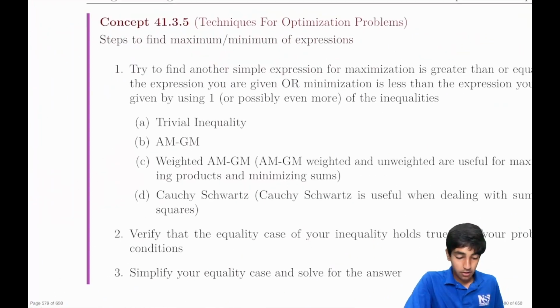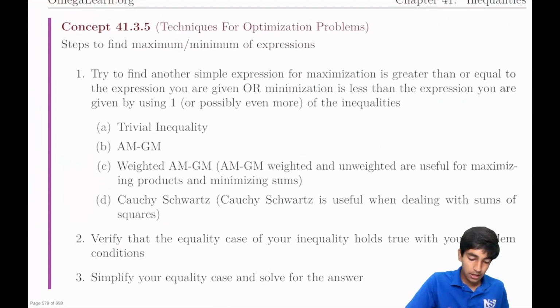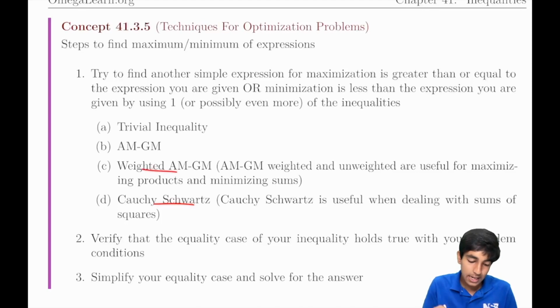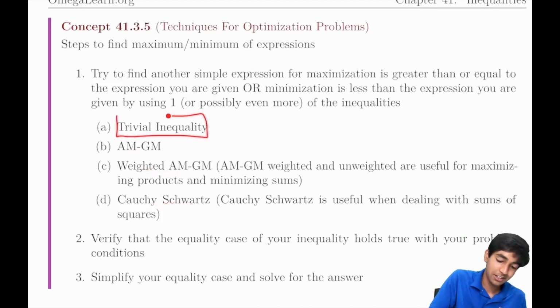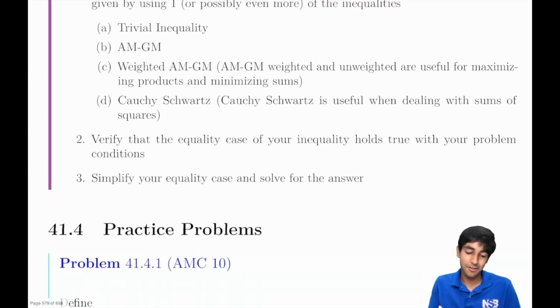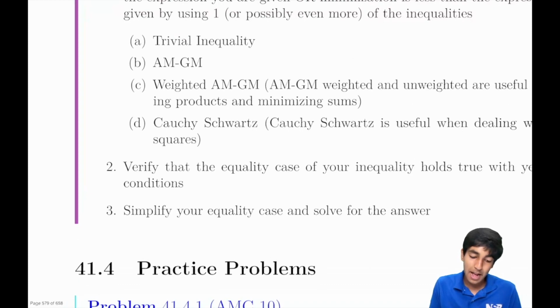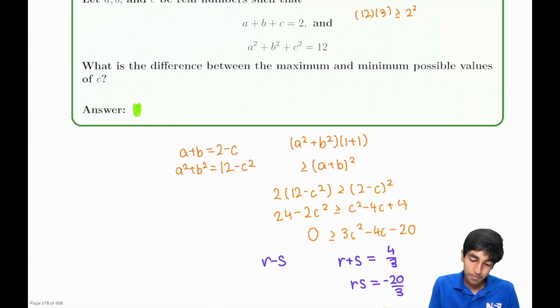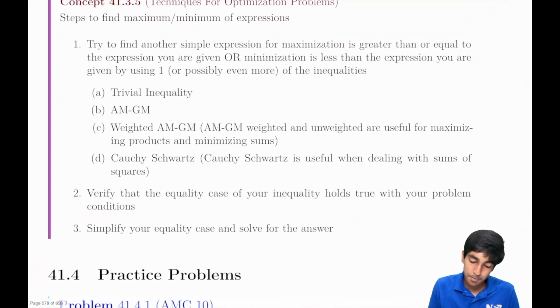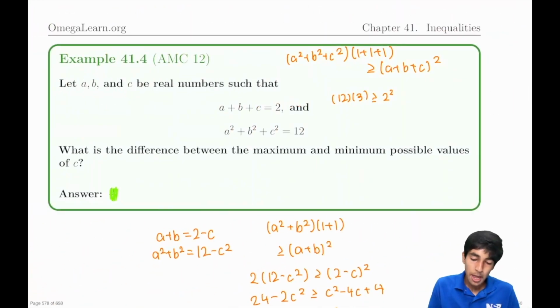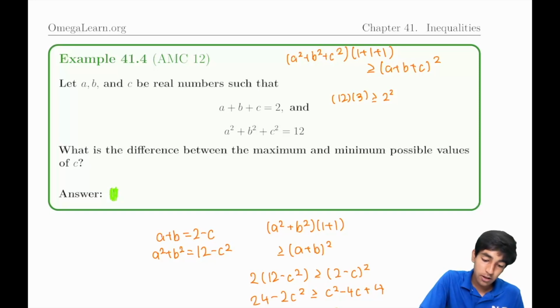Okay, and just to summarize some of our tricks for inequalities, we have Cauchy, weighted AM-GM, AM-GM, and trivial inequality. Don't overlook this one. It's more useful than you might imagine. And also something you want to do in these maximization minimization problems is actually verify that your equality case actually holds, because sometimes what might happen is you have something like this is less than or equal to this, but there may not actually be a point where these are equal.